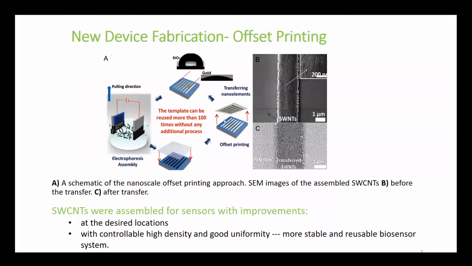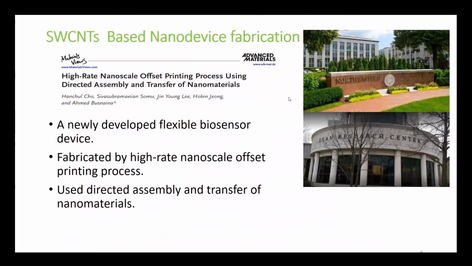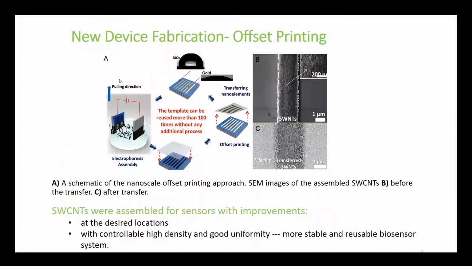So with this newly developed system, they could make more uniform and high density carbon nanotubes. So this is our carbon nanotubes between these two gold electrodes. This system is new, so they have a published paper. They call this offset printing.